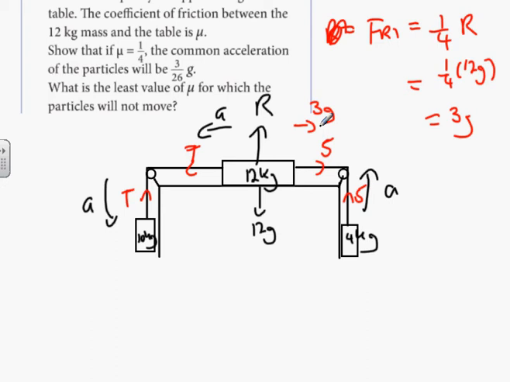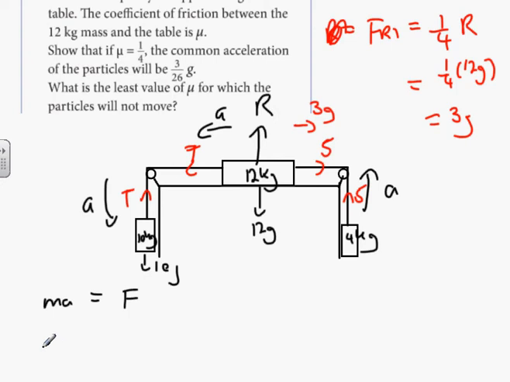Now, let's get some equations going. Let's start off with easy ones, okay? Force equals ma, or ma equals force, whichever way you want to look at it. Now, ma equals force. On the 10 kilogram particle, it's going downwards.